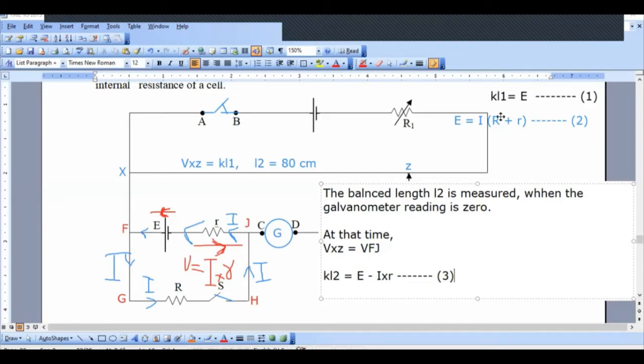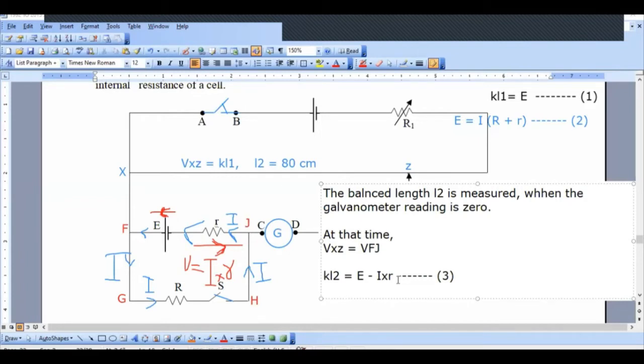We know that L1 is 90 centimeter, L2 is 80 centimeter, and we have three expressions. So at home, solve these equations 1, 2, 3 and find capital E and simple R. Please send me your answers on WhatsApp.